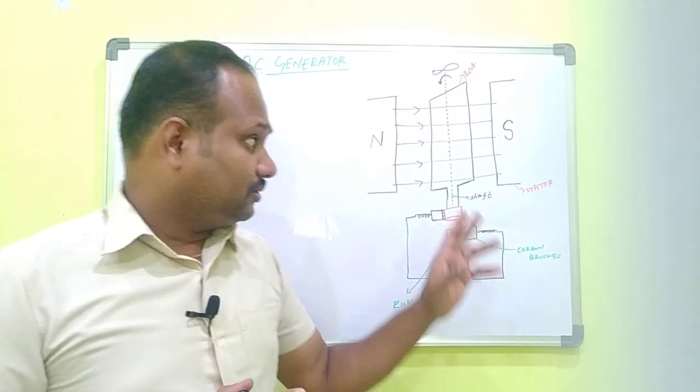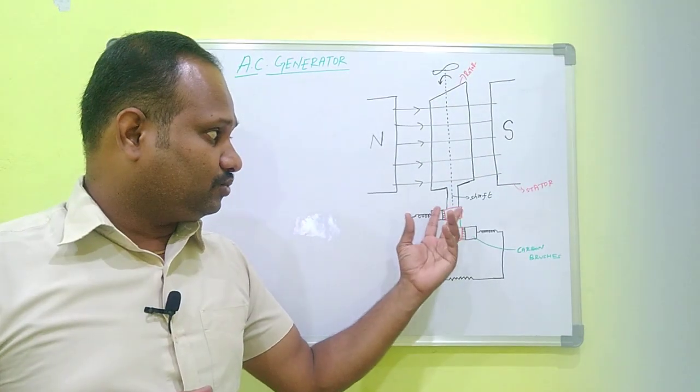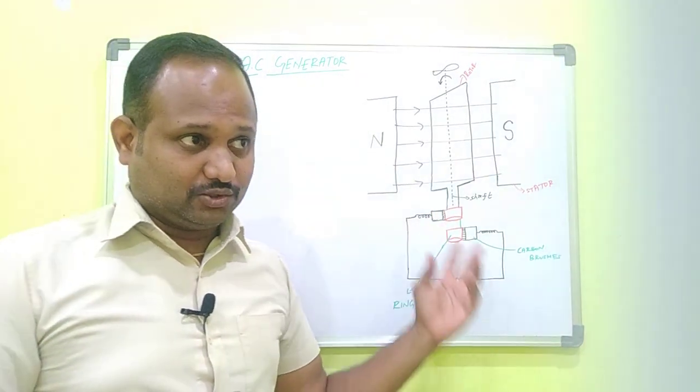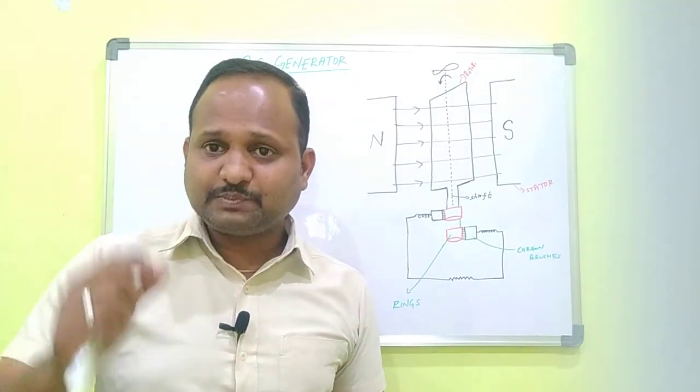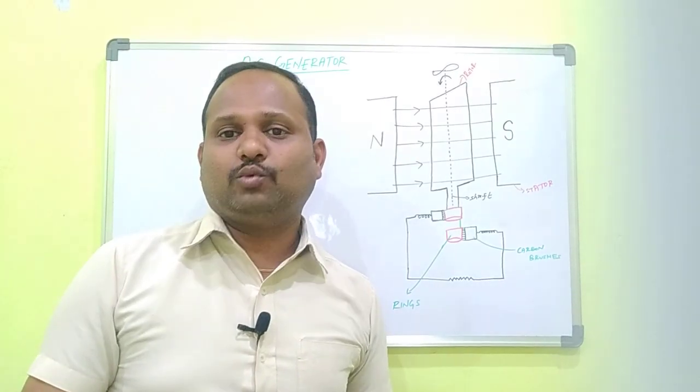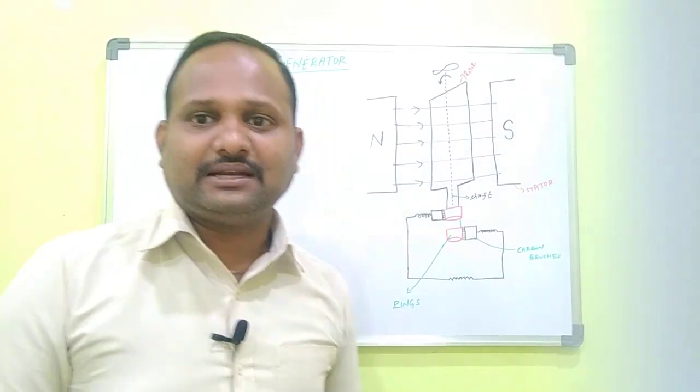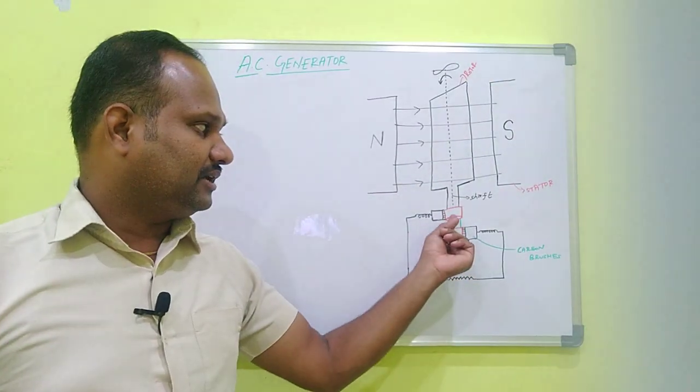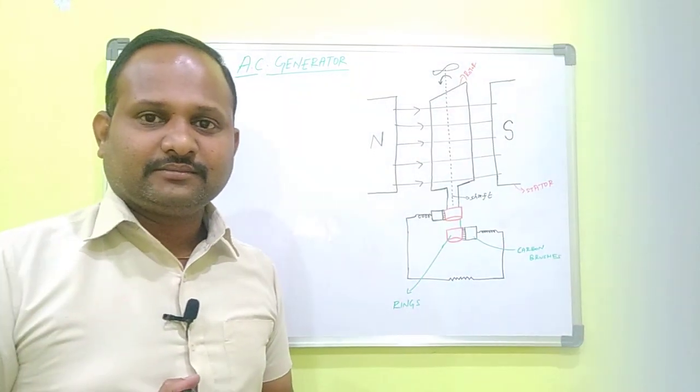Okay, so here we don't want to take two wires from the two ends directly. So a special arrangement is needed. What is the special arrangement here? That is a ring system. There are two rings used here.